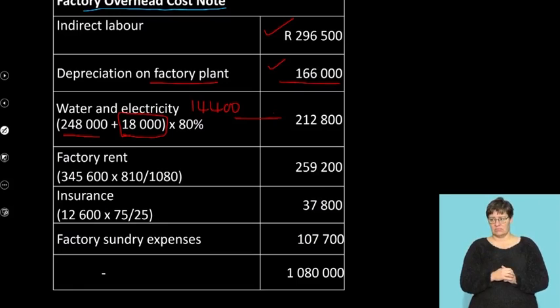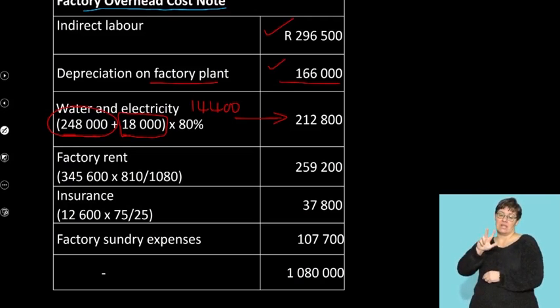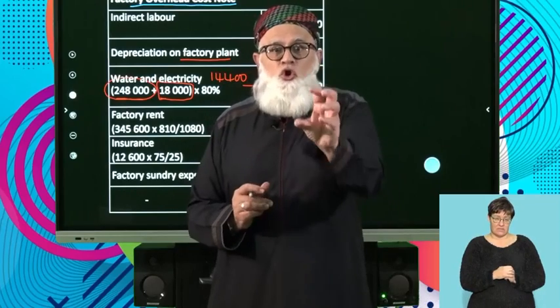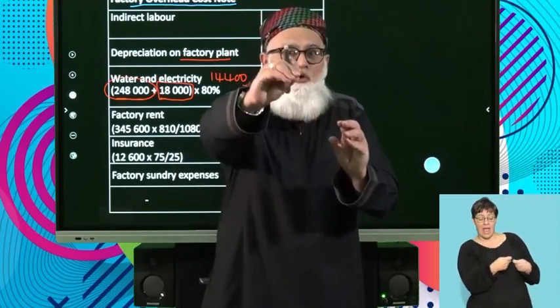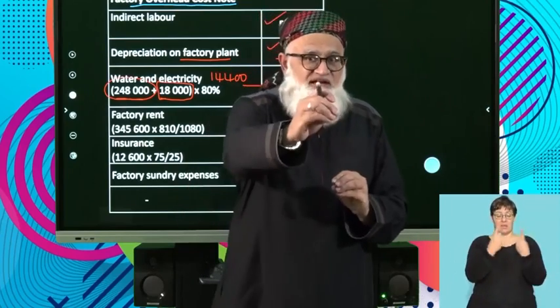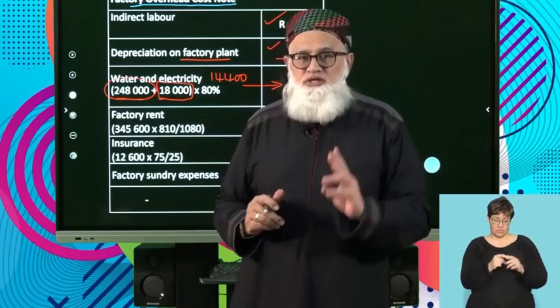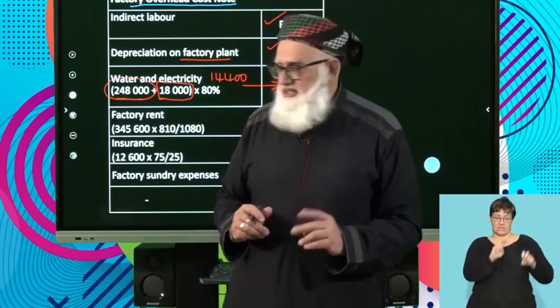So this water and electricity figure of 248,000 was the total amount. You had to take 80% of that plus 80% of the 18,000 to give you your 212,800. So in other words, look at the expense and then allocate it according to the different department. Is it a factory? Is it admin? Is it selling and distribution? So there's your water and electricity sorted out.